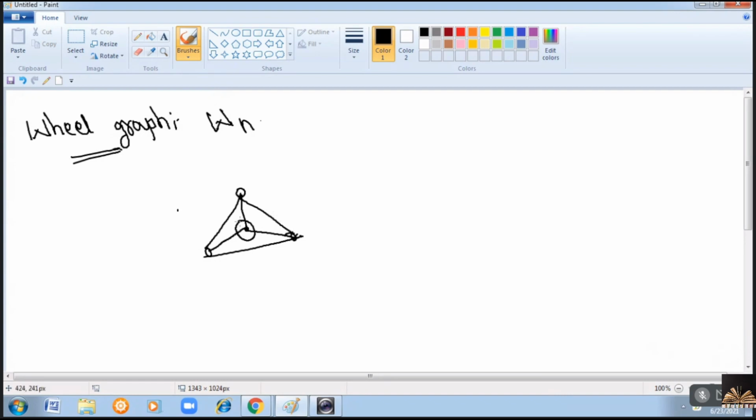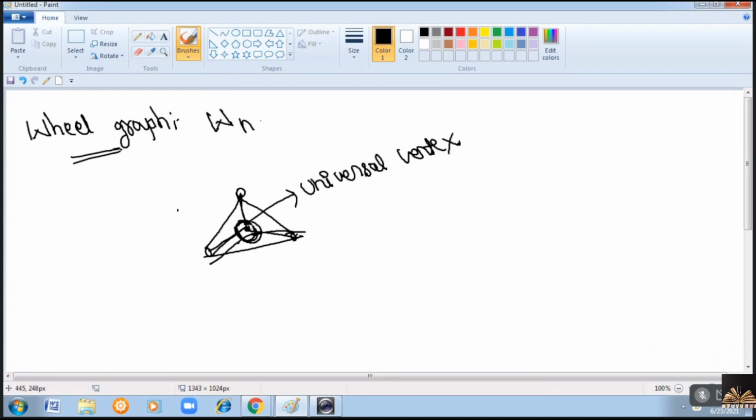And this center vertex is known as the universal vertex. Why is this called a universal vertex? Because this vertex is adjacent to all other vertices in the graph.